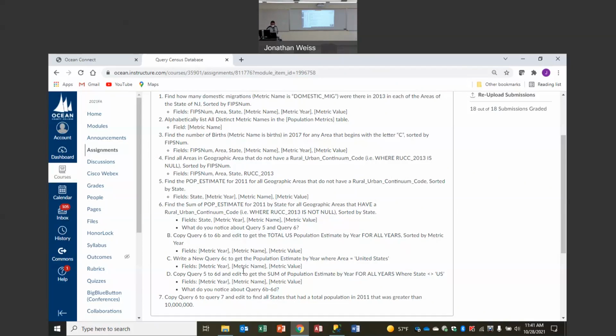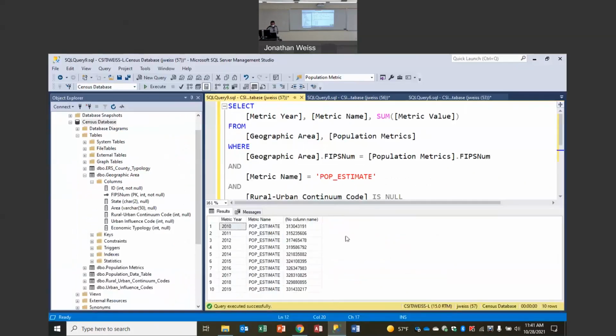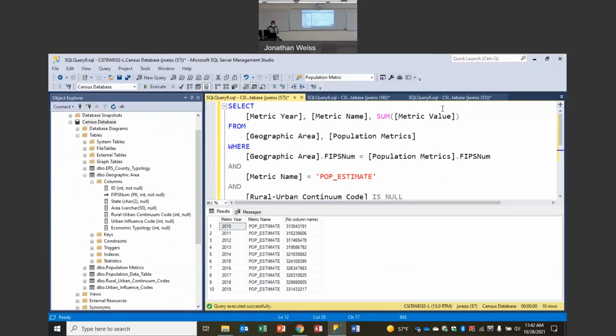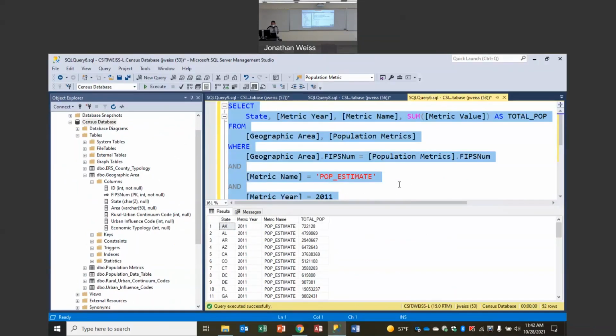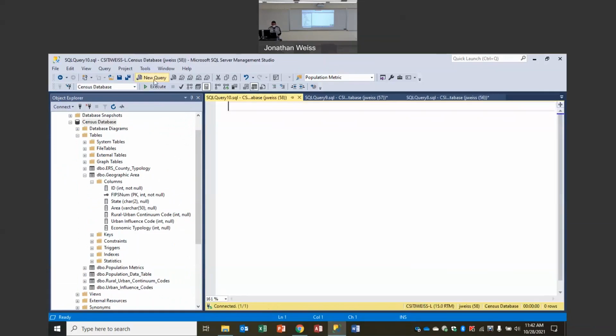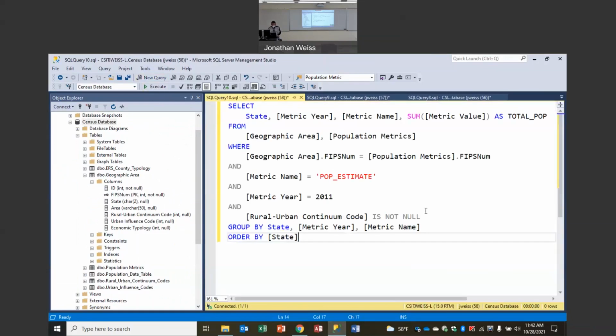All right, let's do the last one, by the way. We want to find any state in 2011 that had a population greater than 10 million. So we'll take this query that finds our population by state, and we'll build a new query out of that.